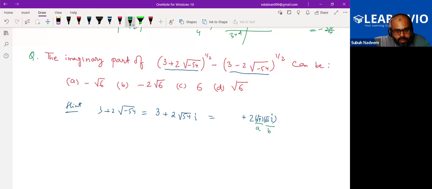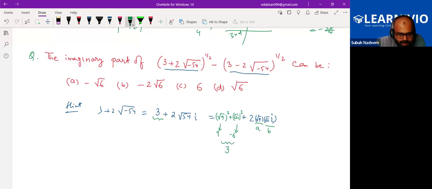Because this is 3 here, and this is root over 9. So when we do root over 9 square plus root over 6i square, root over 9 square will be 9, and root over 6i square: root over 6 squared will be 6, i square will be minus 1. So 9 minus 6 will be 3.